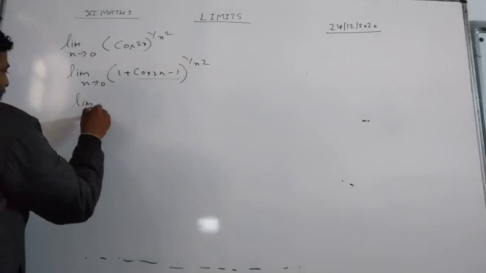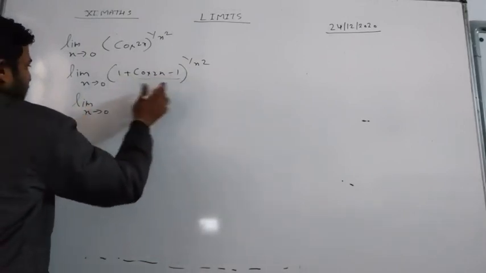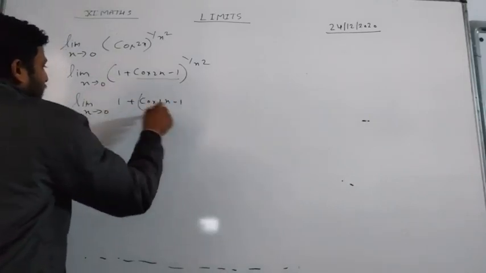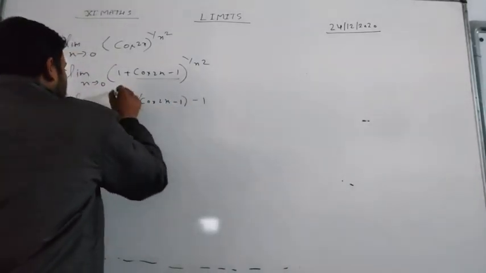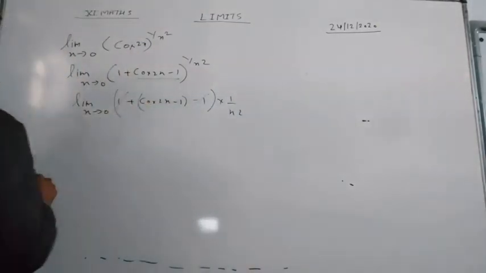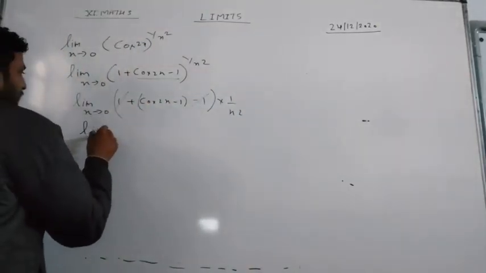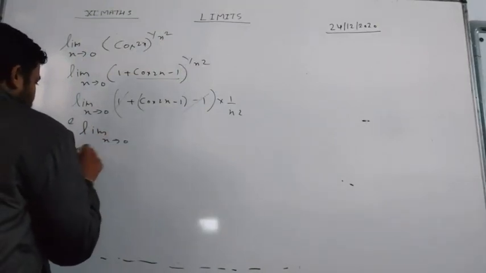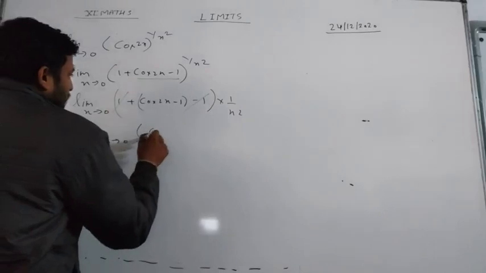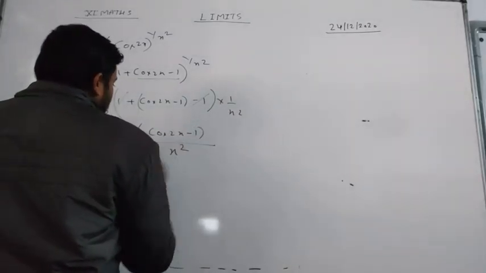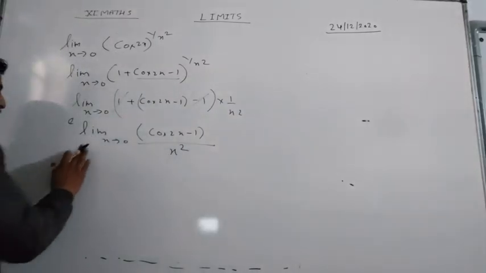So we write limit x tends to 0, (f(x) minus 1) into 1 by x square. So this part will cancel. We get limit x tends to 0, e to the power (cos 2x minus 1) by x square. Okay.